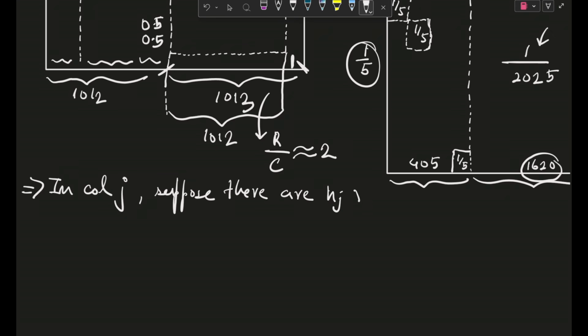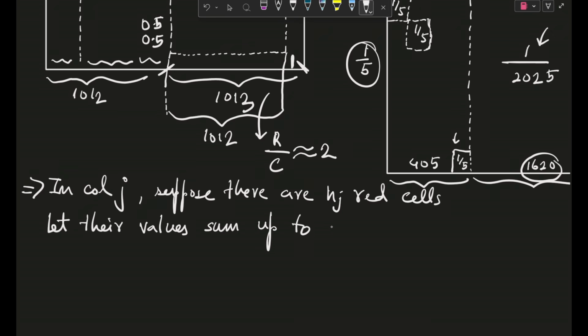I hope you remember what red cells are. Red cells are the cells which contain the maximum values. Suppose in column number J there are NJ red cells, and let the values of these NJ cells sum up to SJ.